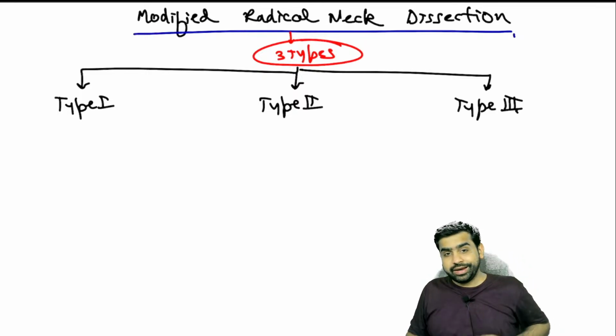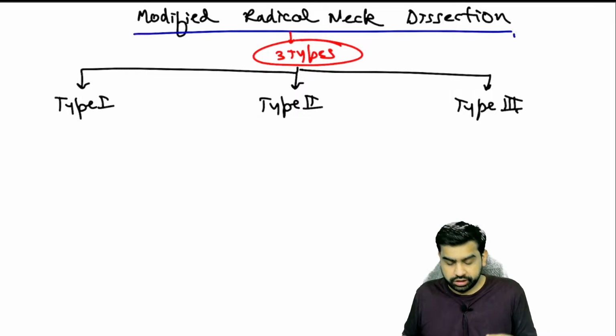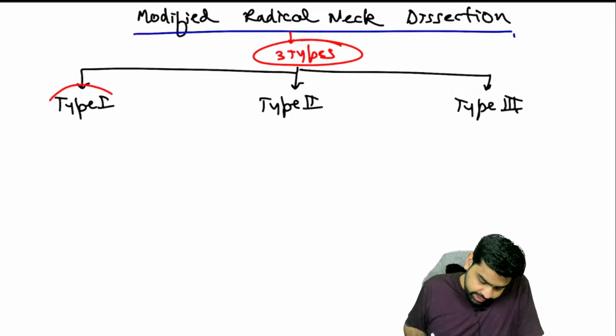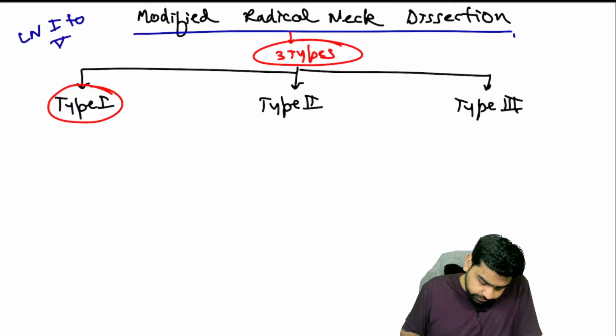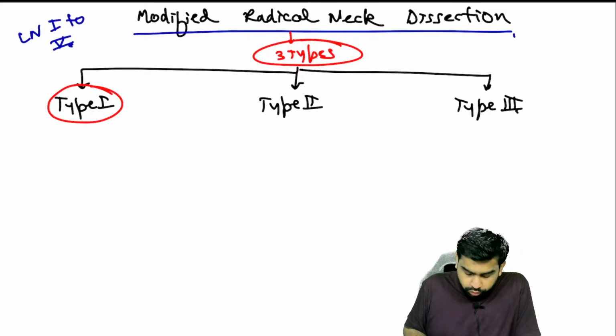What are these 3 types? In all three, we are going to remove the lymph node stations from 1 to 5.